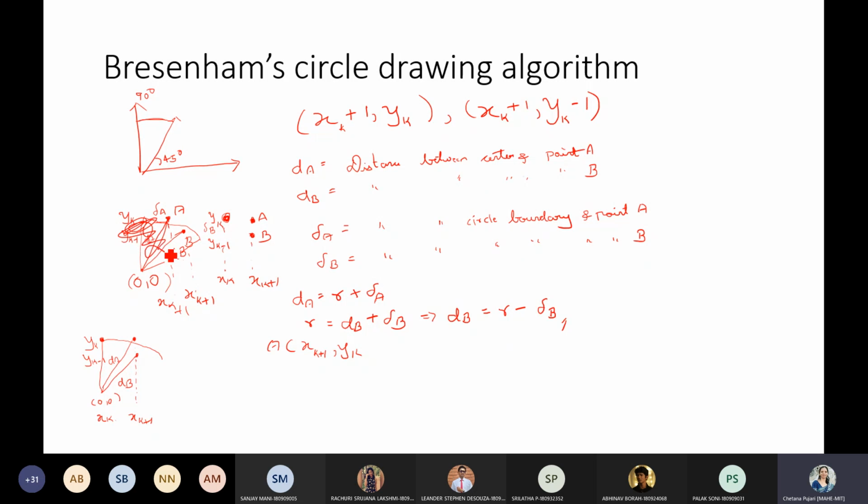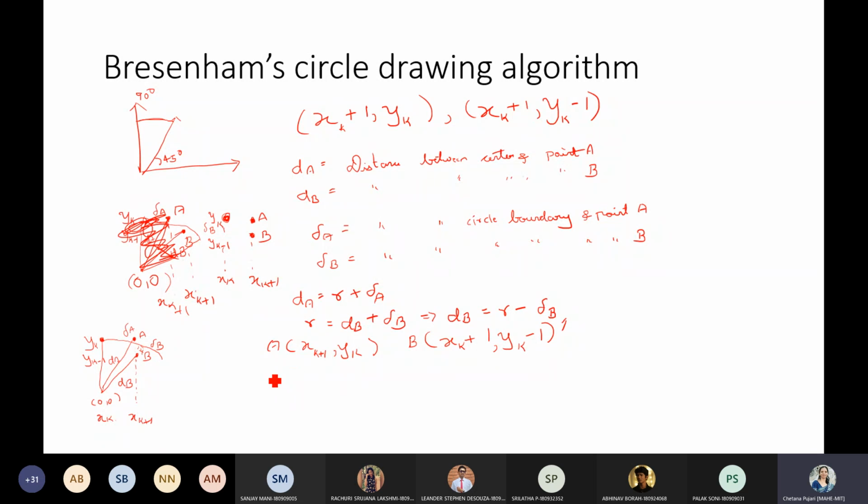So just avoid this. Fine. So we have 2 points, that is A, which is at xk plus 1, yk, and B, which is at xk plus 1, yk minus 1. So these are the coordinates.